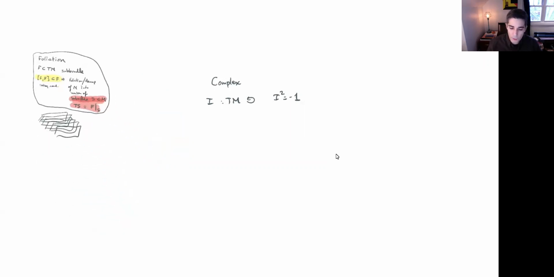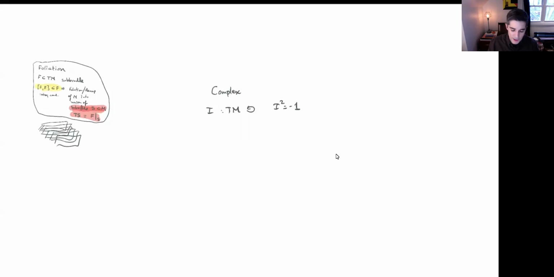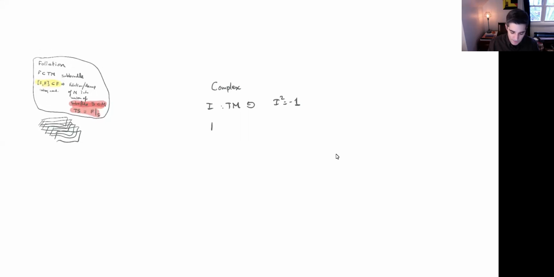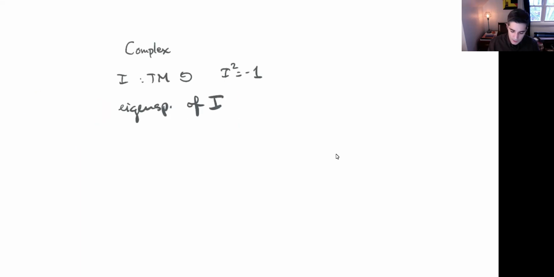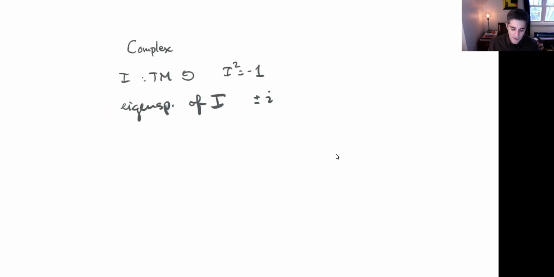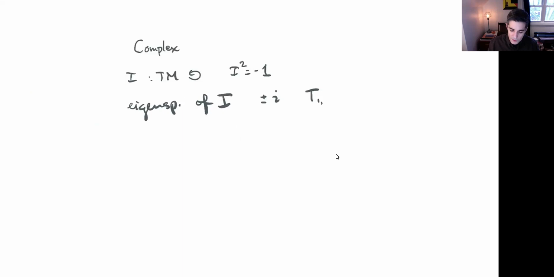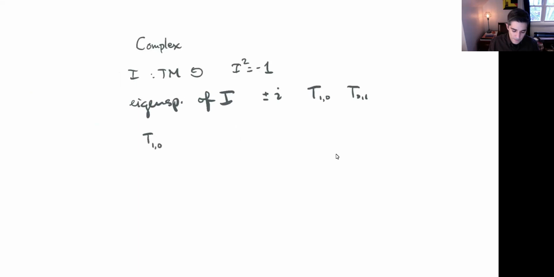Now, what if we had a complex structure? An almost complex structure is exactly this kind of endomorphism, and this determines a kind of foliation because we can look for the eigenspaces of I. It will have a plus and minus I eigenspace. These are called T10 and T01, and these only exist inside the complexified tangent bundle.